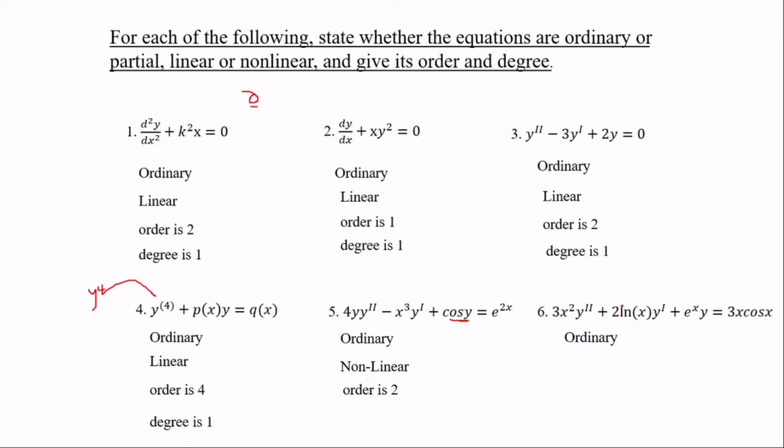But here, x is independent and y is dependent. Since x is independent, when it is multiplying a transcendental function, it still makes it linear. The order is 2 and the degree is 1.